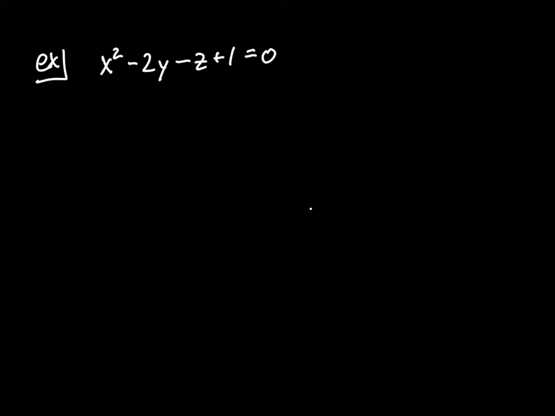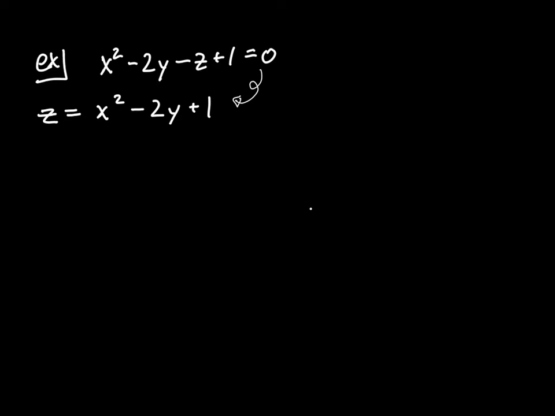Now, the first thing is that if we want to graph it, we usually like to solve for z. That is generally how we think about these. We get z is equal to x squared minus 2y plus 1. All we did was just rearrange this equation.